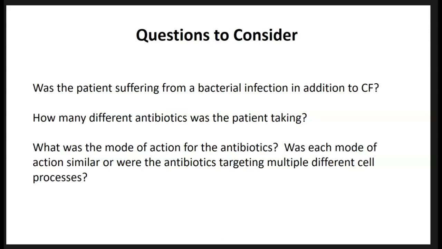What is the mode of action for these antibiotics? Take some time to look these up because the mechanism of action of antibiotics is a really important thing in biochemistry. Was each mode of action similar? Or was Isabel given antibiotics that were targeting multiple different cell processes all at the same time? And why do you think this might have been?